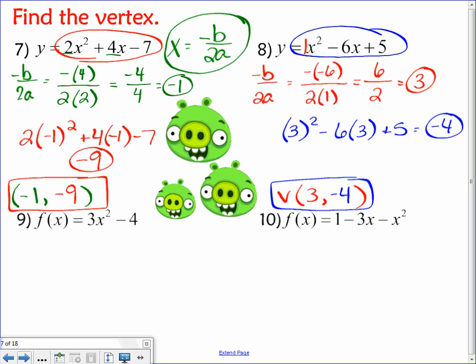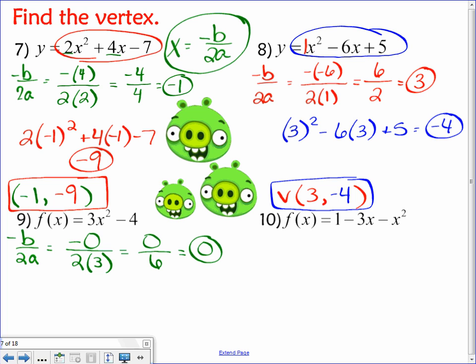Okay, now that you have attempted these on your own, like I asked you to, let's go through them and see how you did. Okay, so we have -b over 2a. So negative my b value, notice there's no plain x, so it's going to be 0 over 2 times my a value. We clean up the top, clean up the bottom. 0 divided by 6 is 0.